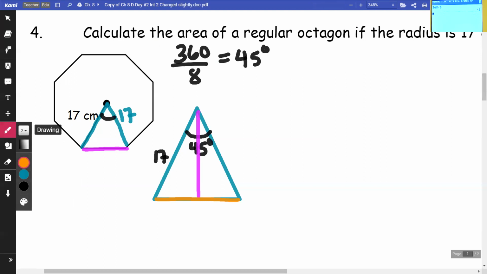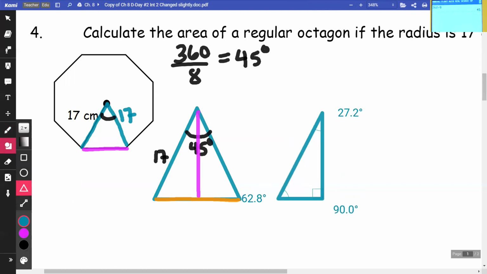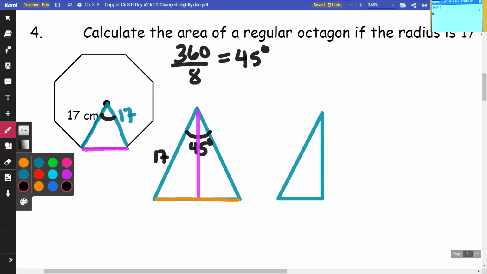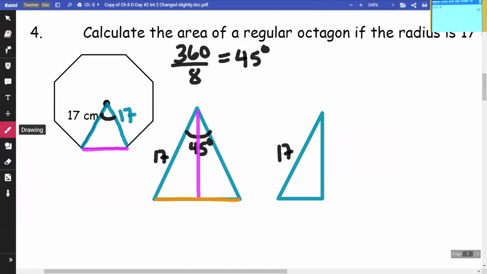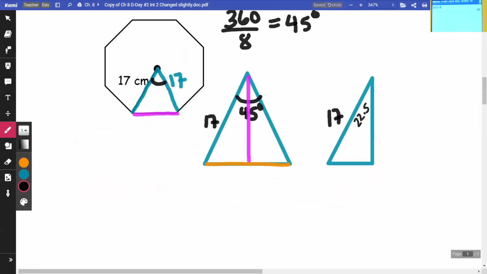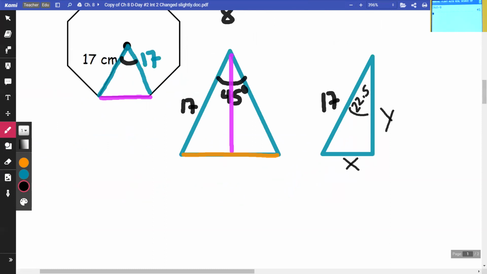And so when I take my triangle and I am thinking about half of it, again, this is going to be 17. This angle here is going to be 22.5. I do not know this and I do not know this. So from this angle, the x is opposite, my 17 is my hypotenuse.